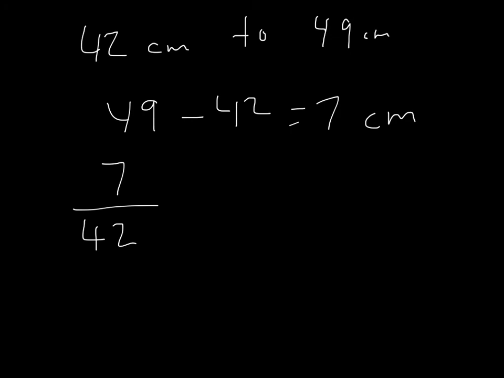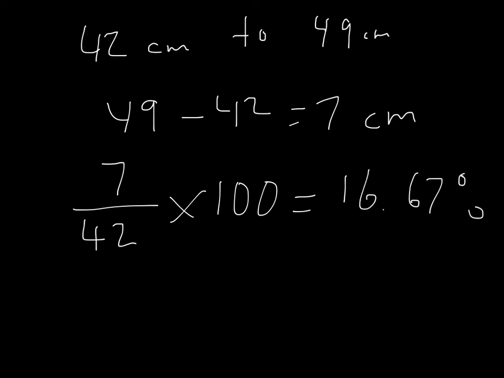Do I put the original or the new height? If you put the new height, you're wrong. 7 over 42 is 0.166666, times 100 is roughly 16.7%. So that's how you do those.